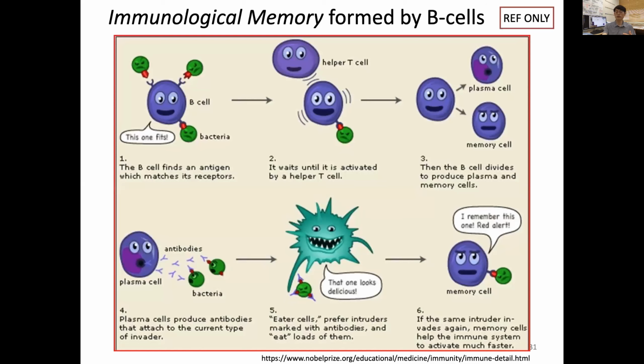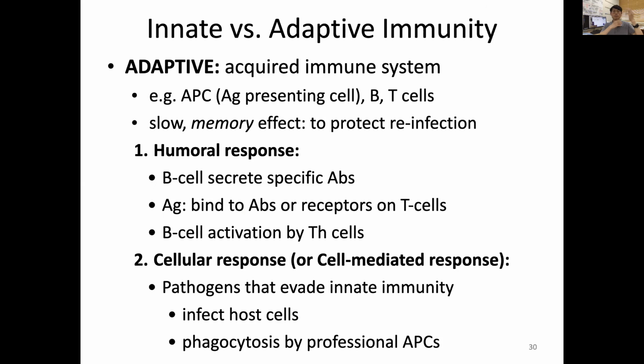And adaptive immunity can be composed of two parts. One is humoral immunity, and the second is cellular immunity. Humoral immunity, the humor is more like what's happening in blood plasma, while cellular is cell-mediated immunity by the specific adaptive immune cells. So let's first look at the humoral response, which means the B cells secrete specific antibodies.